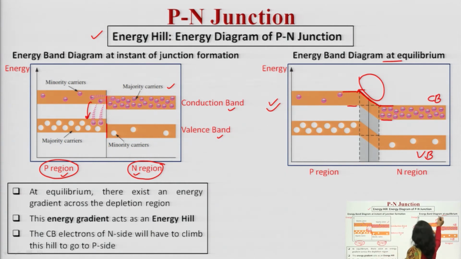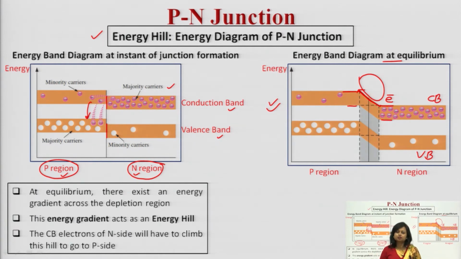It means at equilibrium, because of the energy gradient, this acts as an energy hill, and these electrons will be climbing this hill.